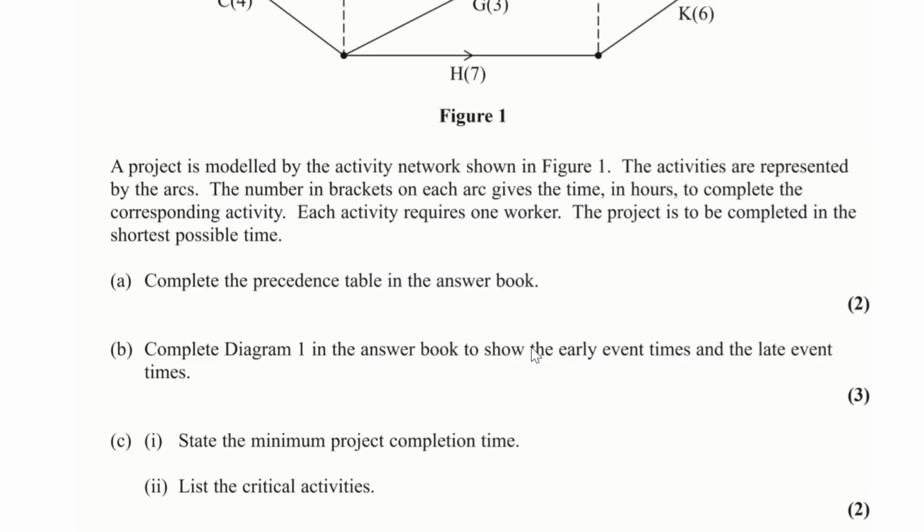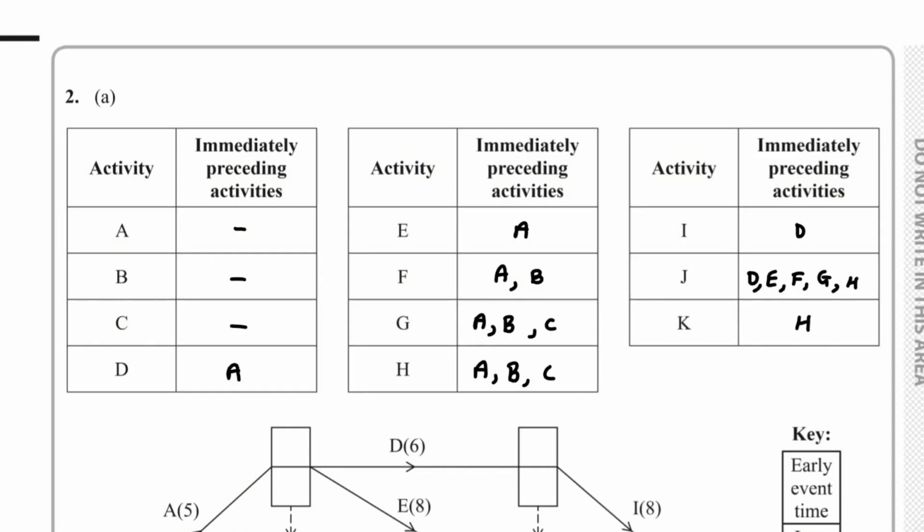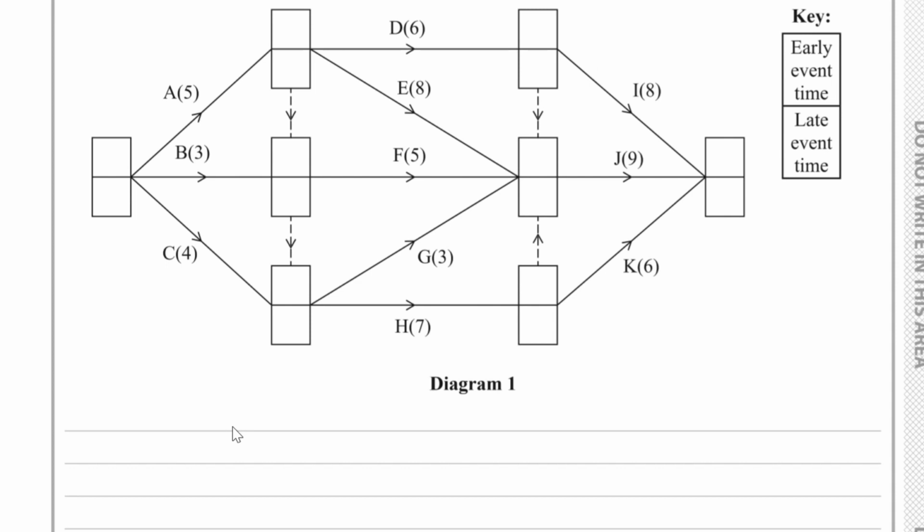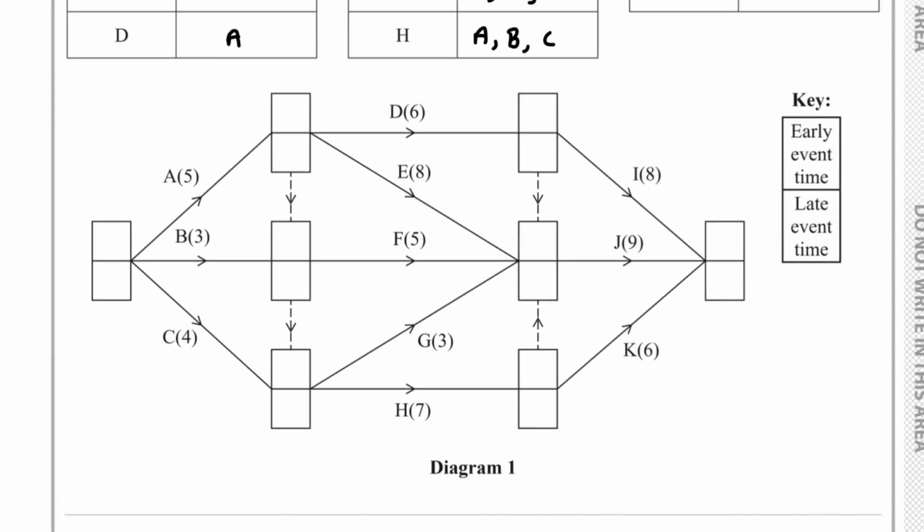For part B of the question, we have to complete diagram 1 in the answer book to show the early event times and the late event times. So if we go back to diagram 1, first of all, let's add in the weight of the dummies, which we know to be 0.